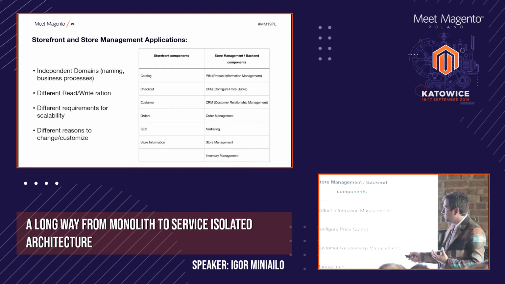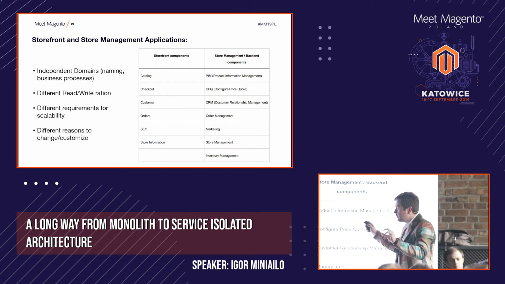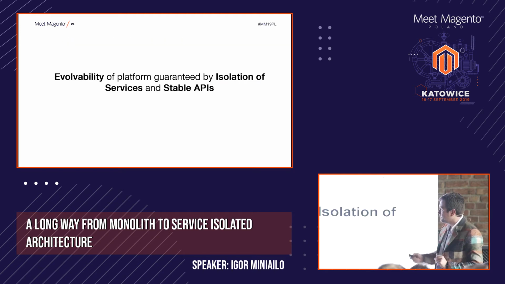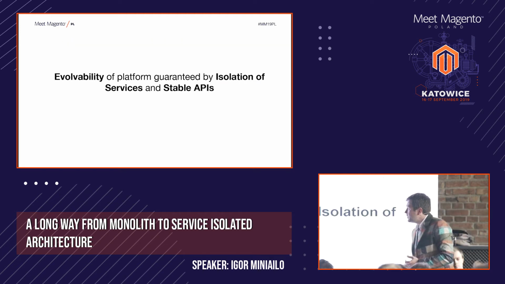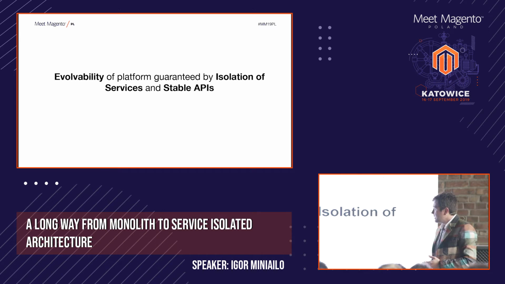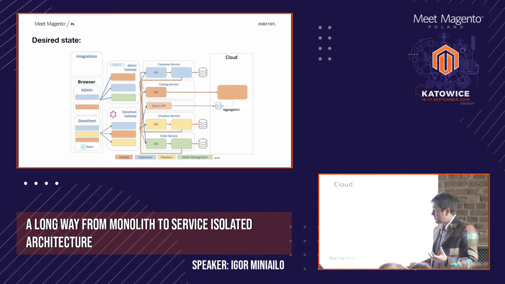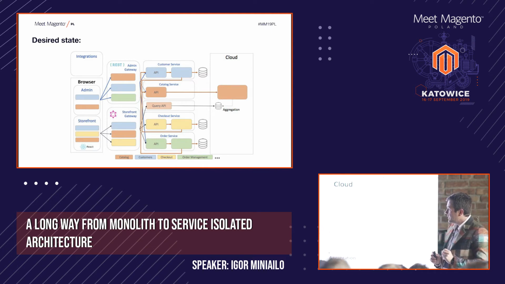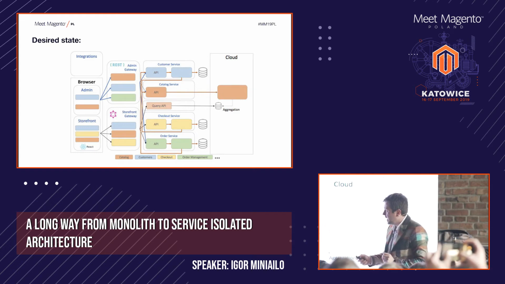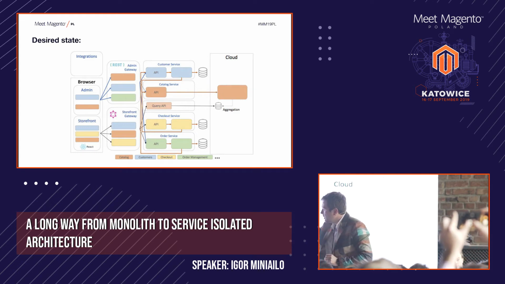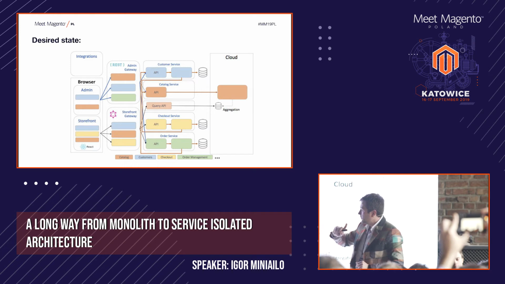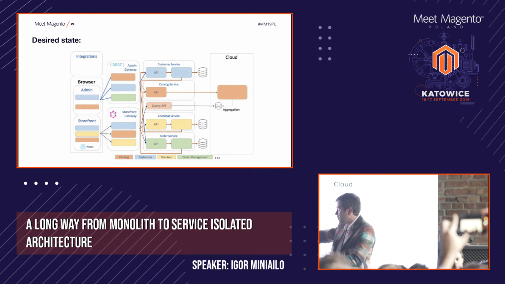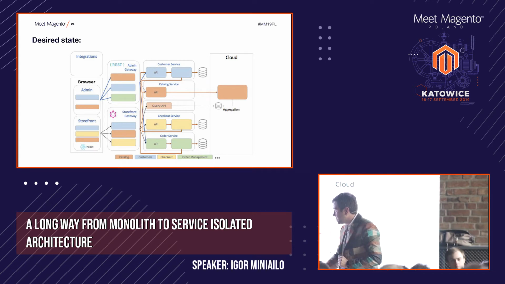So this demonstrates the segregation between two different bounded contexts in terms of domain-driven design. And of course, the availability of the platform is guaranteed by the isolation of services and stable APIs. This is the desirable state of the platform, where we will have two different entry points: one entry point for our store management application and another for the storefront application.